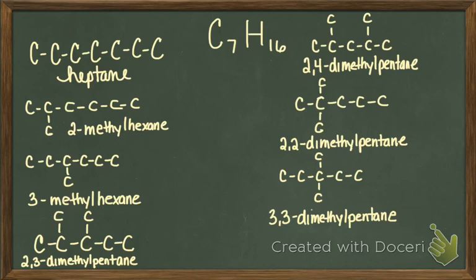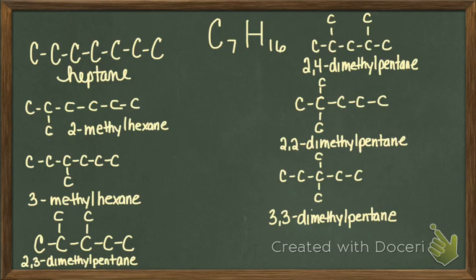Here are the first 7 isomers of heptane. So we have heptane, 2-methylhexane, 3-methylhexane. So we took the heptane, took a methyl off, and we formed the branching on hexane. We don't have any more isomers for hexane, so now we're going to take another methyl group off, and we're going to have a 5-carbon chain with 2 branches now.